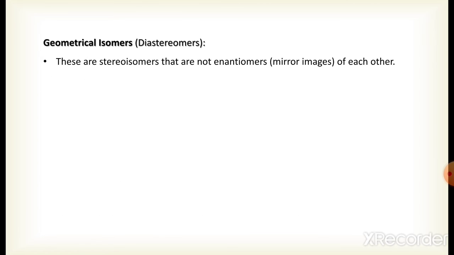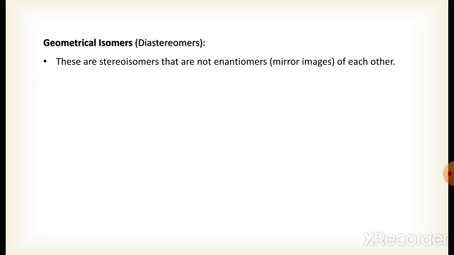Now the next concept is geometrical isomers, also known as diastereomers. Geometrical isomers are stereoisomers that are not mirror images of each other.